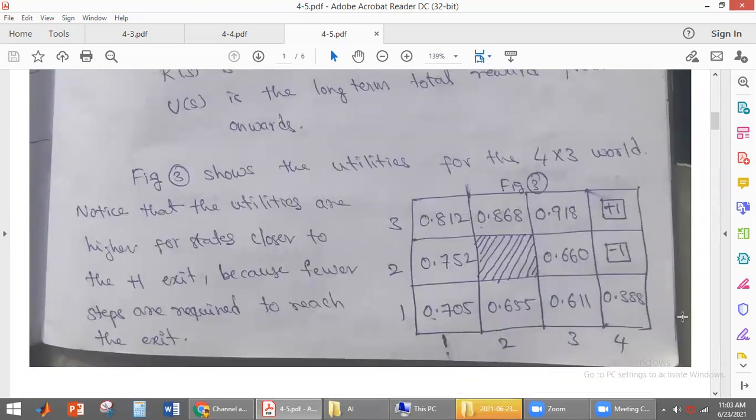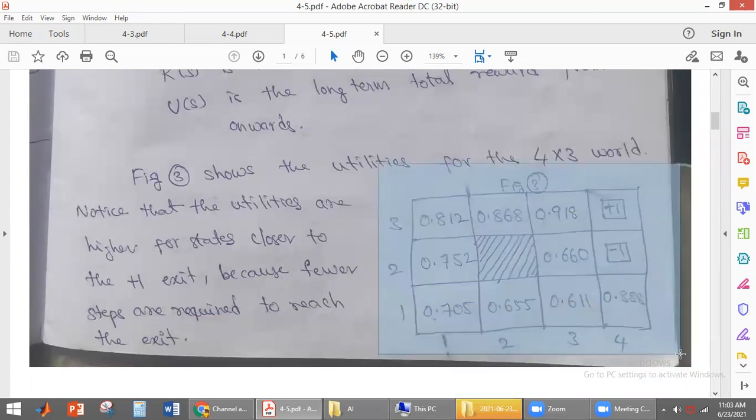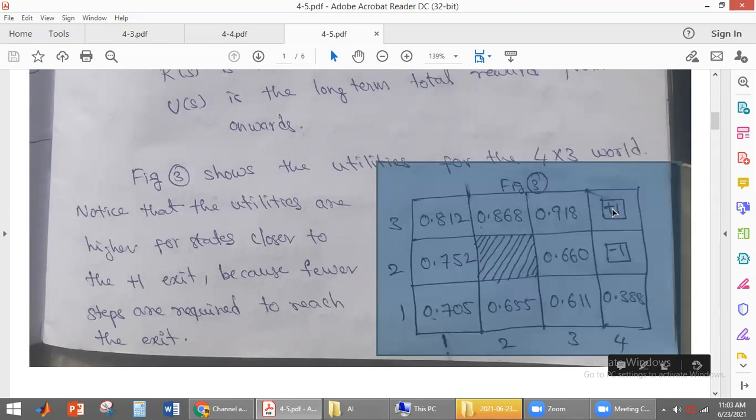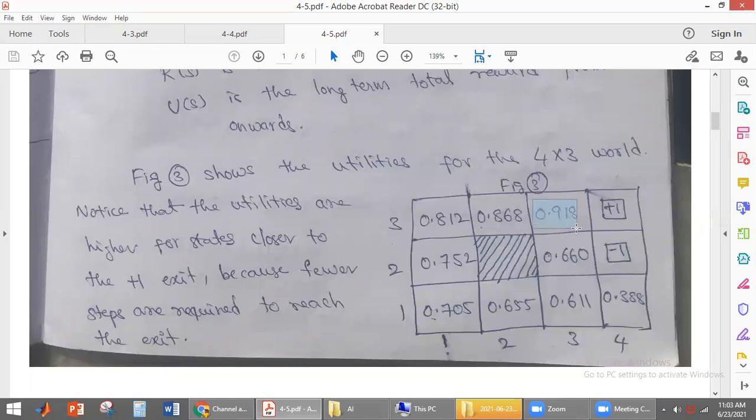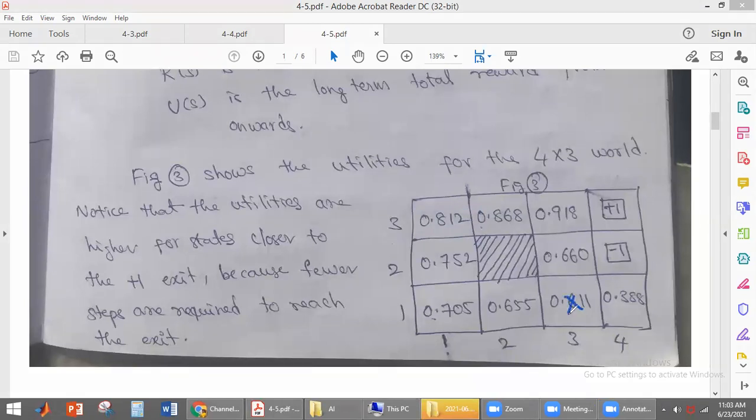This figure shows the utility values for the 4 by 3 environment we have discussed before, students. If you observe these utility values, the states near plus 1 have the highest utility. This utility tells you which states to consider. If the agent is here, it can go in this direction to reach plus 1.